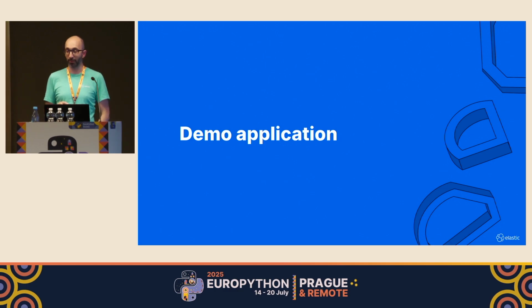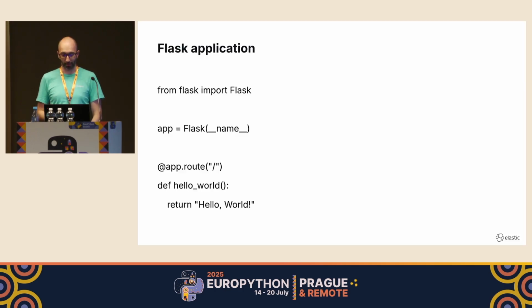Let's look at some of the tricks used to make our OpenTelemetry Python packages work. For this talk, I use just a very basic Flask application that implements just an endpoint called hello world on the root that returns a string.